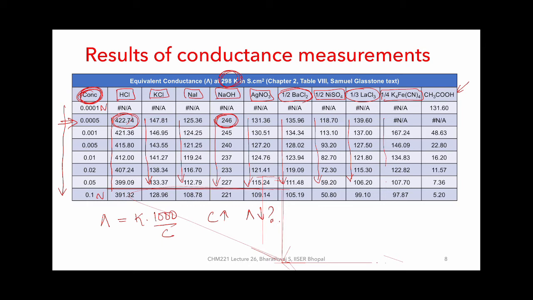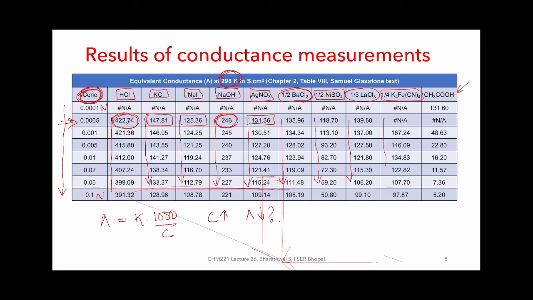But overall, if you take a look at any other electrolytes that are also univalent in anion and cation, similar to HCl and NaOH, the values are considerably lower. We'll not get into the discussion of why KCl is higher than AgNO3 versus NaI, but one thing you're able to see is that depending upon the cation and the anion, the equivalent conductance at a given concentration is different.